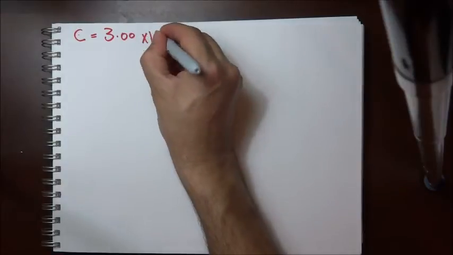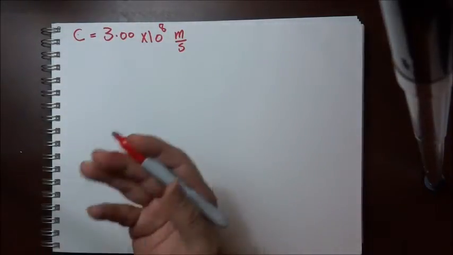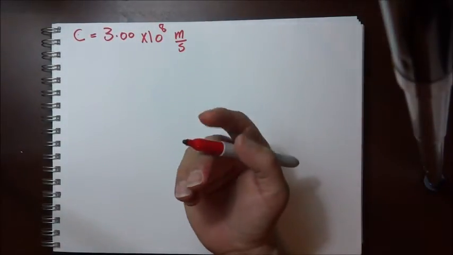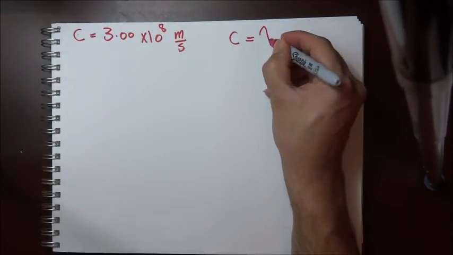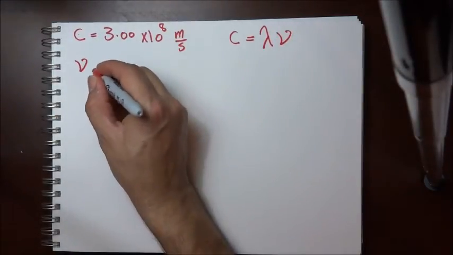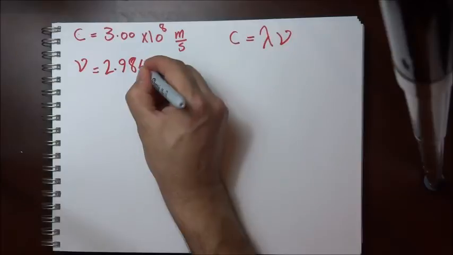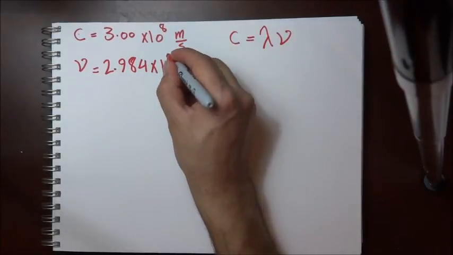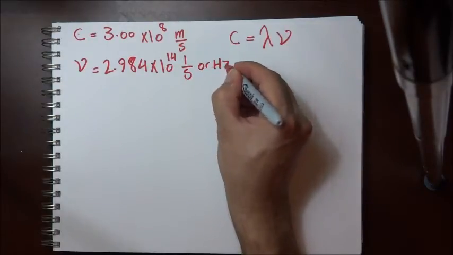As I said, they will give you C, and C is equal to 3.00 multiplied 10 to the plus 8 meter over second. This is an exact number, so you don't need to worry about the sig figs here. And the formula is C equals wavelength multiplied by frequency. We got frequency equal to 2.984 multiplied 10 to the power of 14, unit of 1 over second, or hertz.